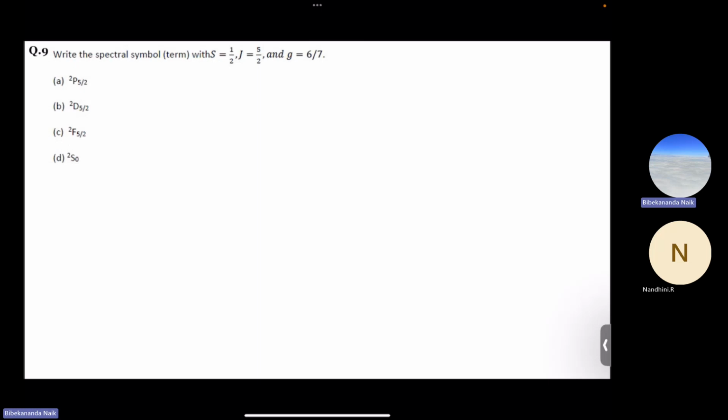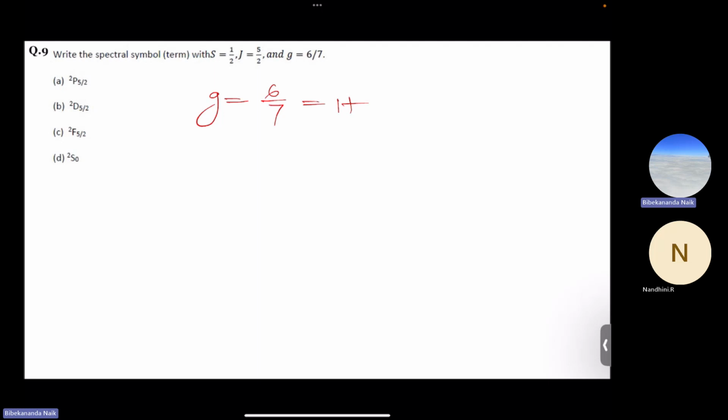So if you see the previous question, we wrote the expression for g, and according to this expression, g will be 1 plus J into J plus 1 plus S into S plus 1 minus L into L plus 1 divided by 2J into J plus 1.